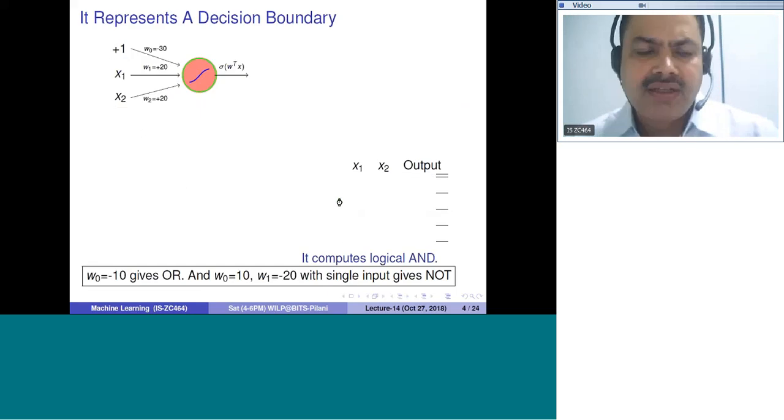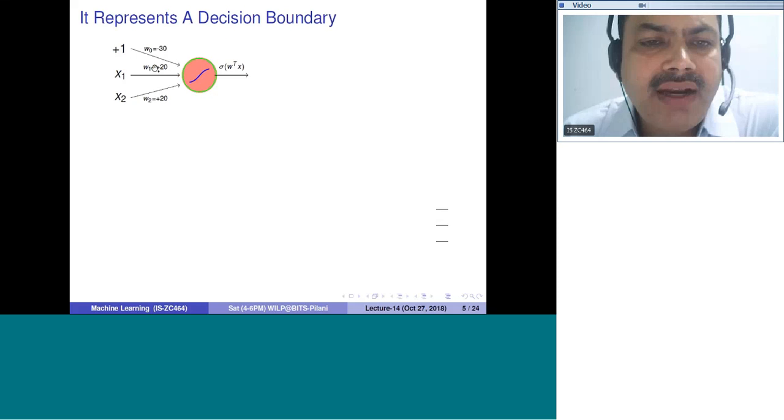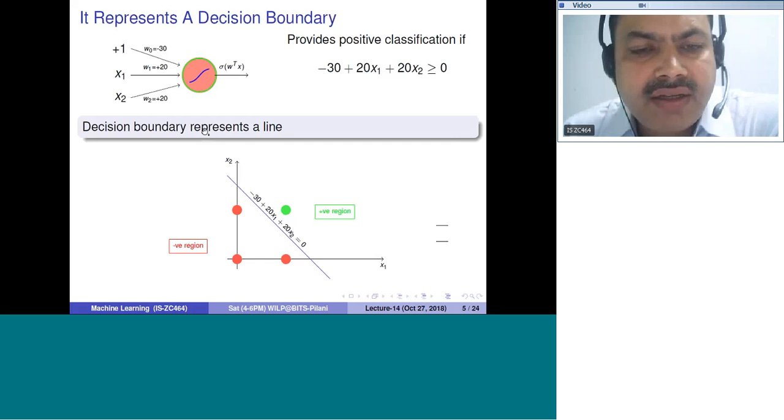Next, it represents a decision boundary. We have seen that whenever we fit the parameters here, it represents a decision boundary. For example, this provides a positive classification if this value is greater than 0. We have already discussed that the decision boundary represents a line.